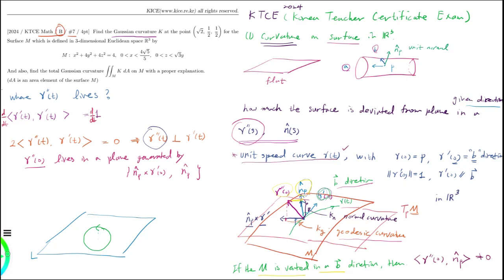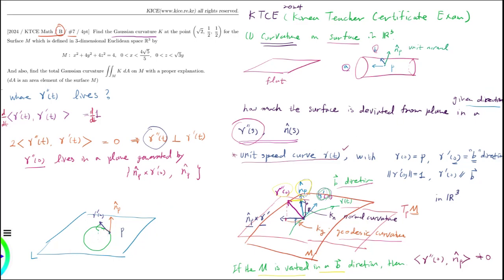Let me call this point P, and obviously we have a unit normal vector at point P here, and its tangent vector will be in this direction here.